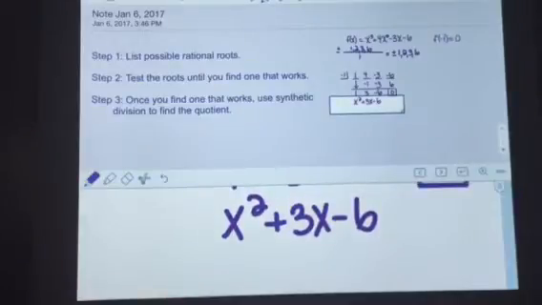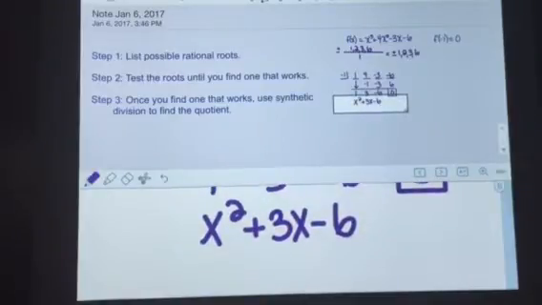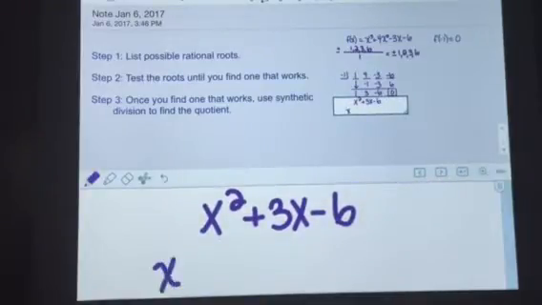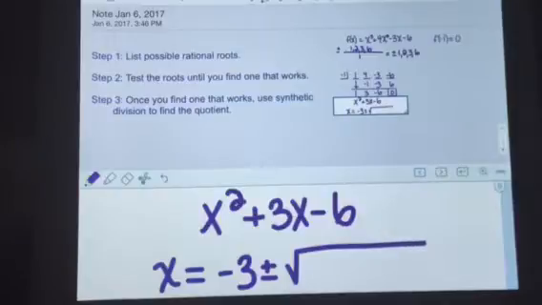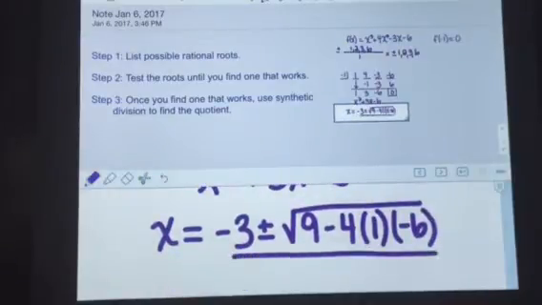We would try to factor it, and since this quadratic does not happen to be a factorable quadratic, we would need to use the quadratic formula. So we'll say x is negative b, which is negative 3, plus or minus the square root of b squared, that's 9, minus 4 times a times c, all over 2a. So 2 times 1.